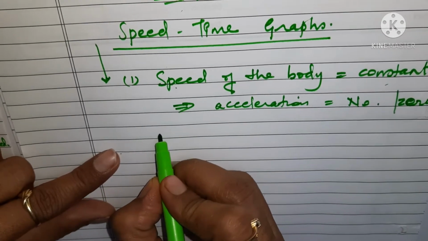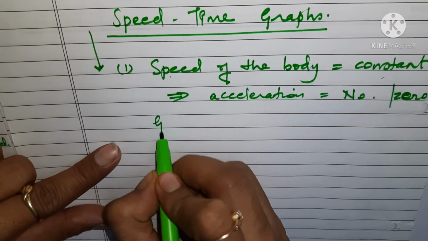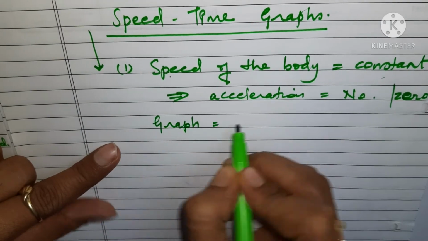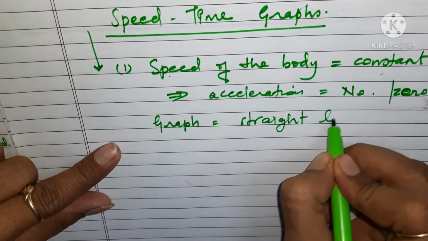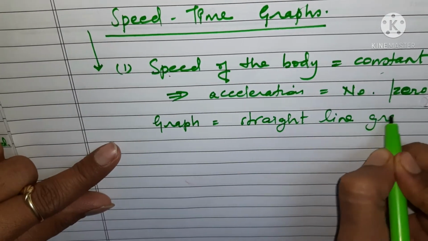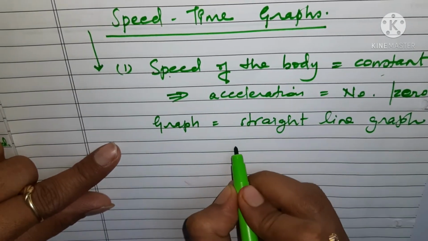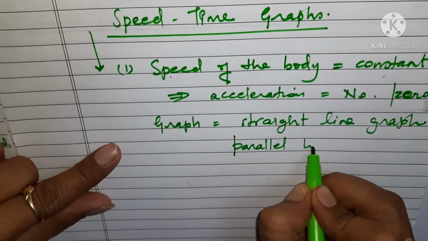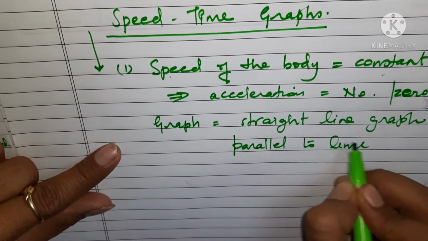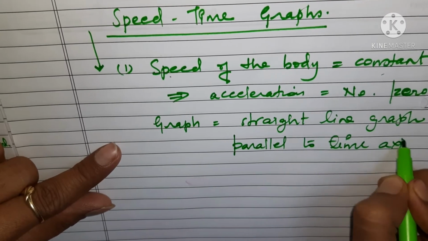So the graph will be a straight line graph, parallel to the time axis. And what is time axis?